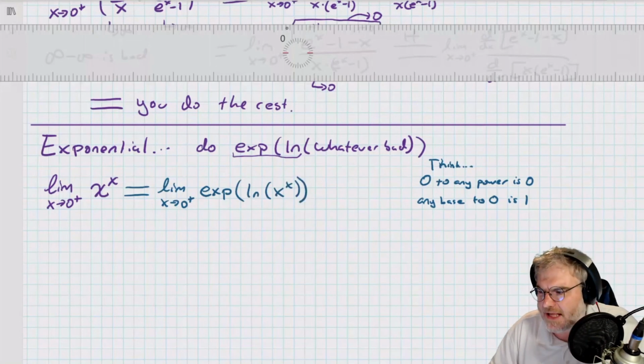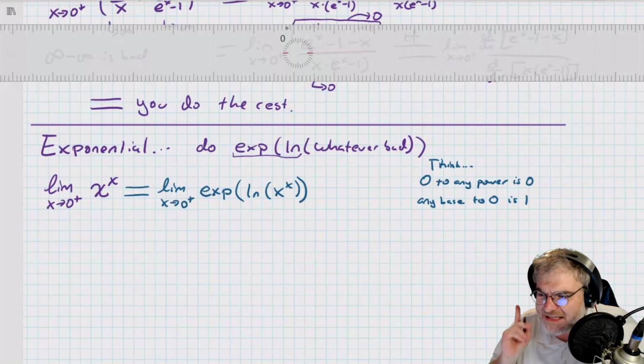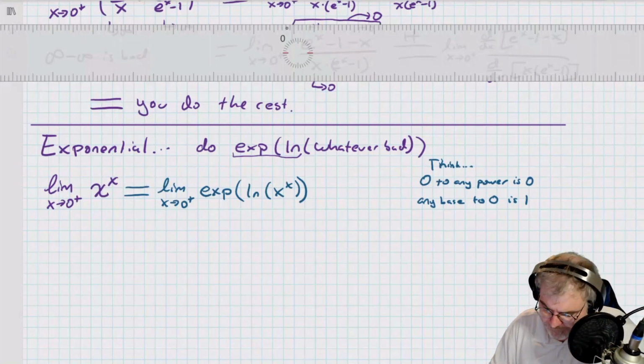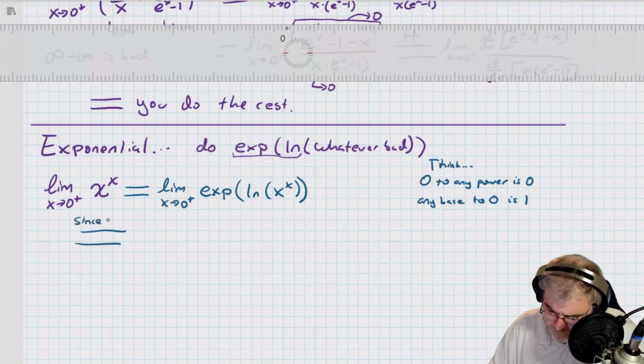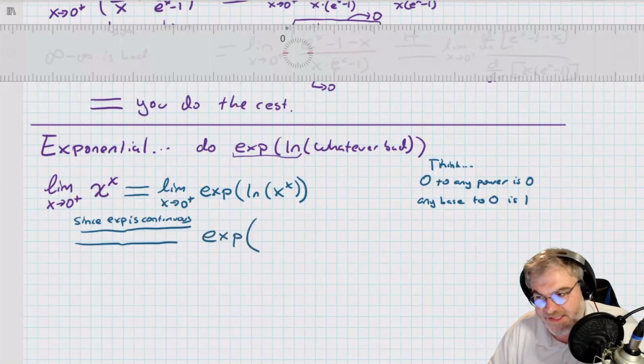How do we feel about that 1 to 5? Now, since exp is continuous, it can come out. And this is why we are using the exp form instead of the e to the thing.